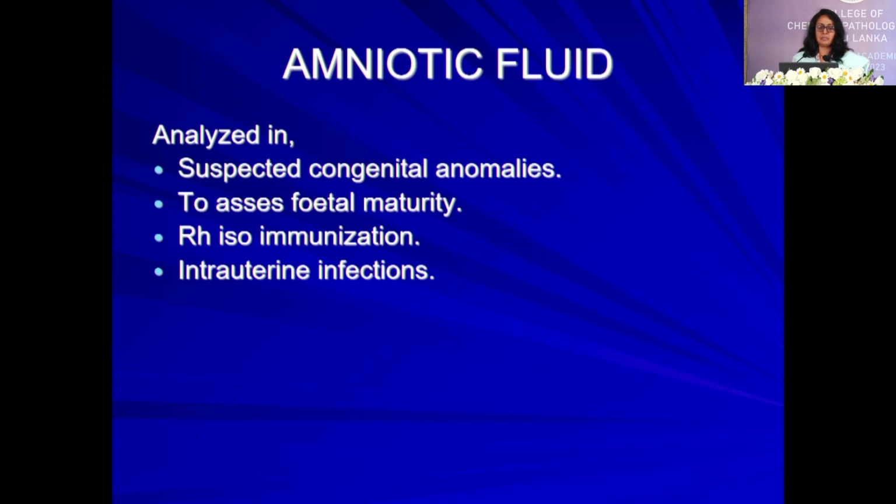When you go into amniotic fluid, very rarely are we getting amniotic fluid analysis. It is analyzed for suspecting congenital abnormalities, to assess fetal maturity and Rh isoimmunization, and to detect intrauterine infections.